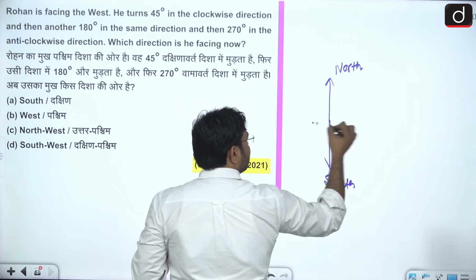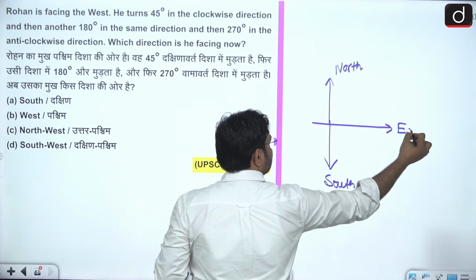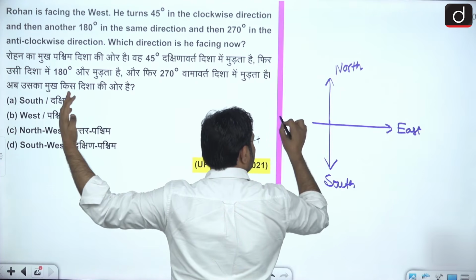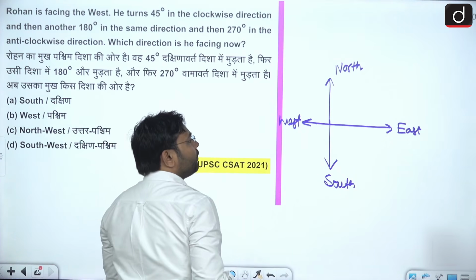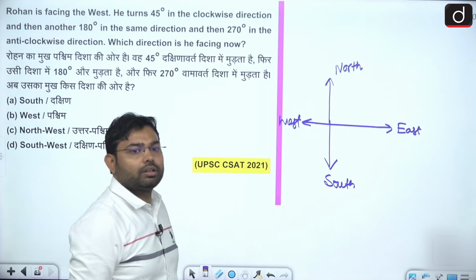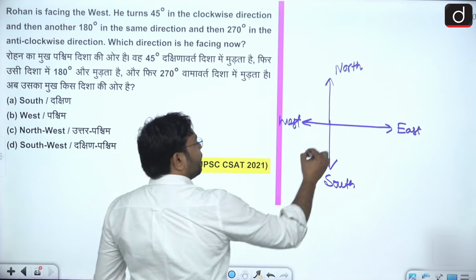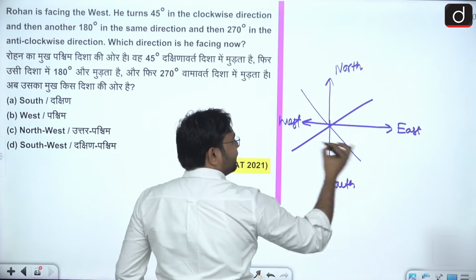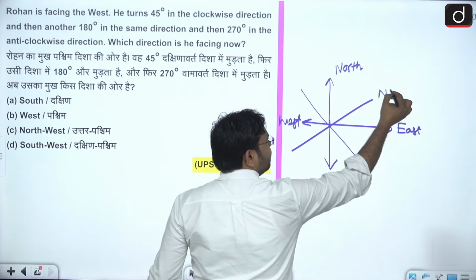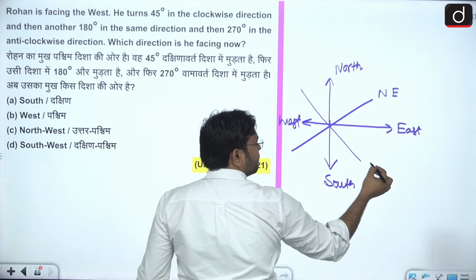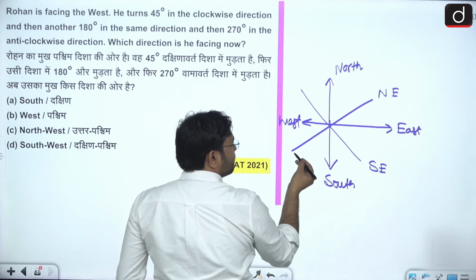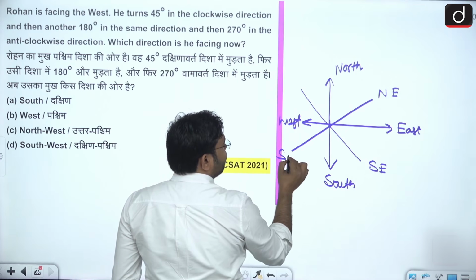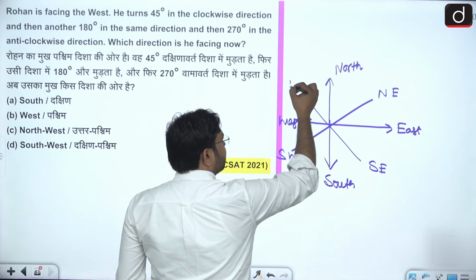On the right hand side, east. Left hand side, west. These are the 4 major directions. Clear this is? Now if you are considering this, this is northeast, this is southeast, this is southwest, and this is northwest.